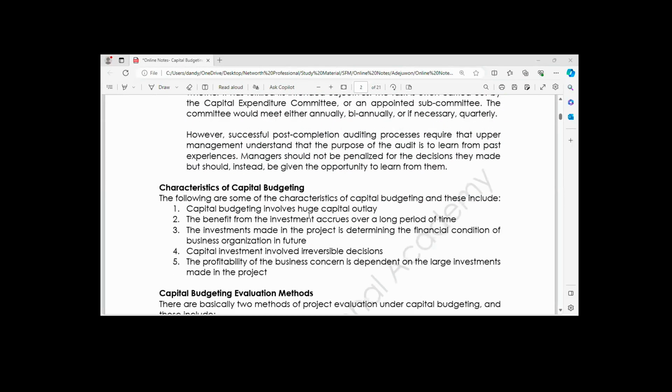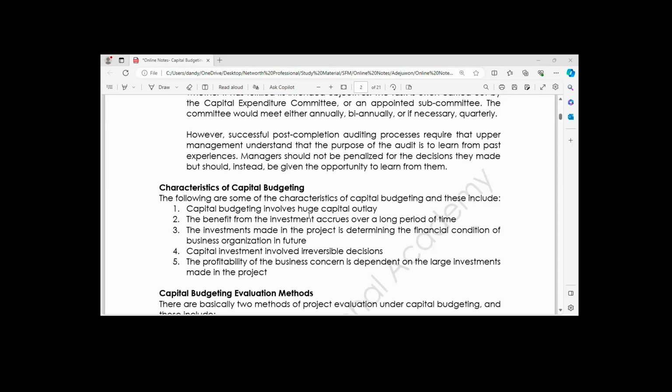Then the characteristics of capital budgeting, I don't want to waste time on this, and it's something you can read on your own, but they are just very straightforward. When you talk about features of capital budgeting, one feature is that it involves huge capital outlay. A large sum of money is required to undertake capital budgeting activity. Okay, it is also considered to be very risky.